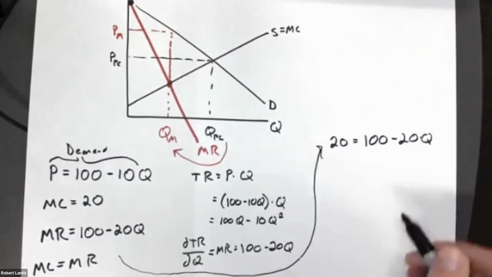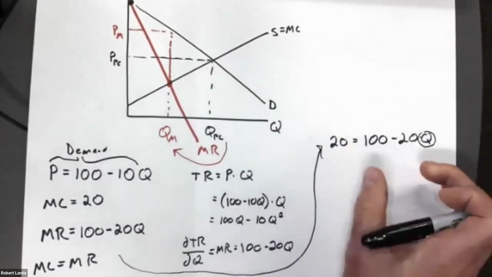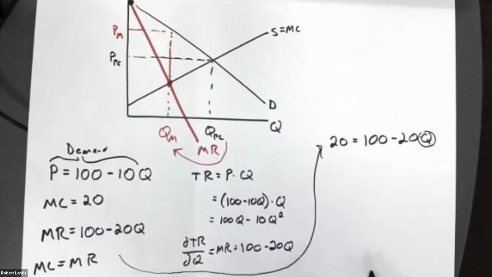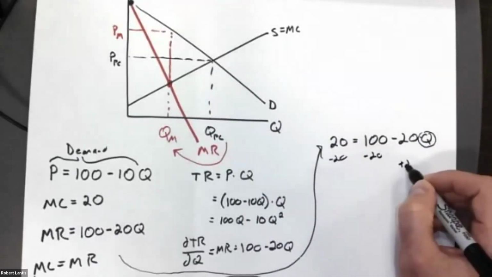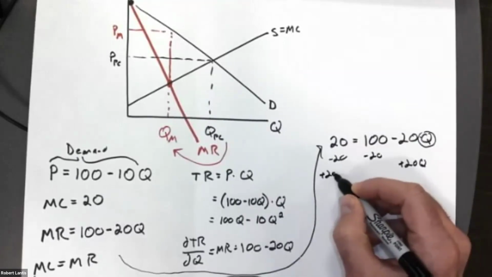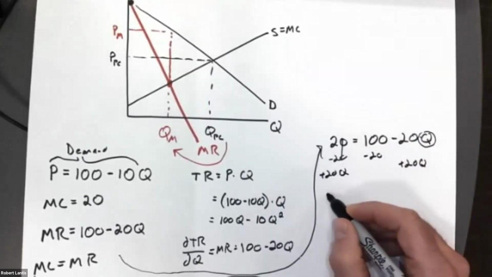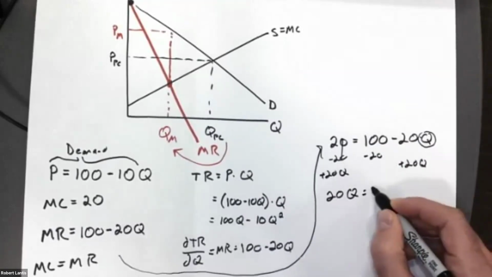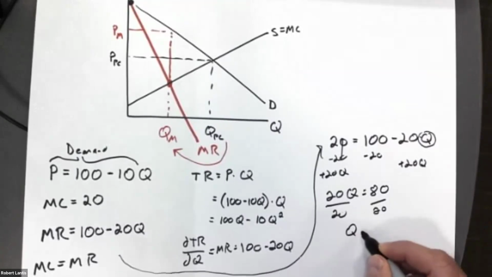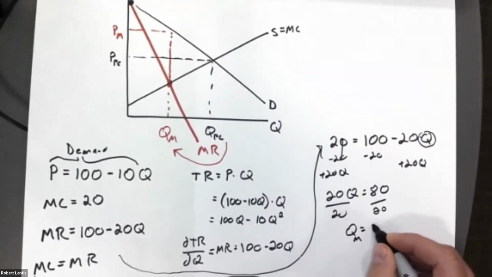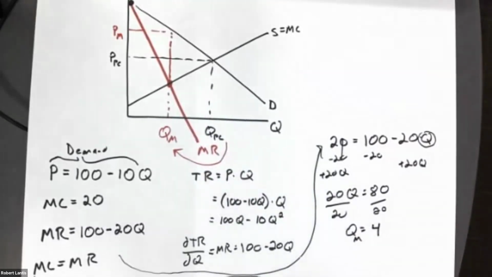So now it's just a little bit of algebra to solve for the quantity where marginal revenue equals marginal cost. Subtract 20 from both sides, add 20Q to both sides. So that cancels, and I get 20Q is equal to 80. Divide both sides by 20, and I get that the monopolist's profit maximizing quantity would be 4.